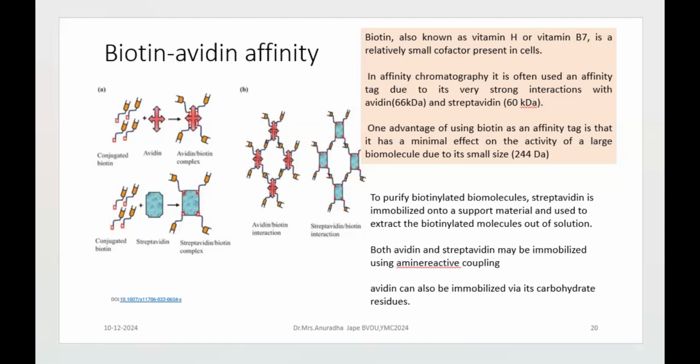Of course, it is possible to select a ligand that has a group selectivity also, right? So it will bind to a closely related group of molecules or compounds which have similar structure, or you can say chemical specificity.